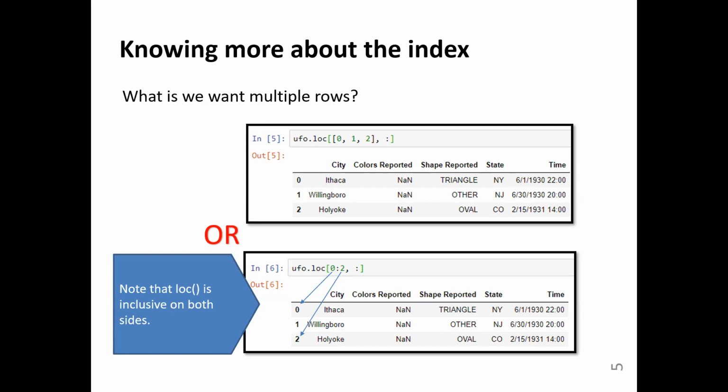Here, when you use loc, it is inclusive on the left side and inclusive on the right side. You can always remember that Reza said loc is inclusive, because when we use that, it shows 0, 1, 2, including 2.